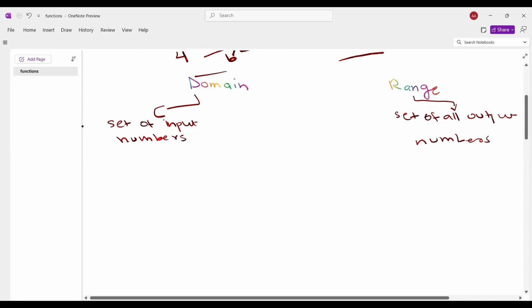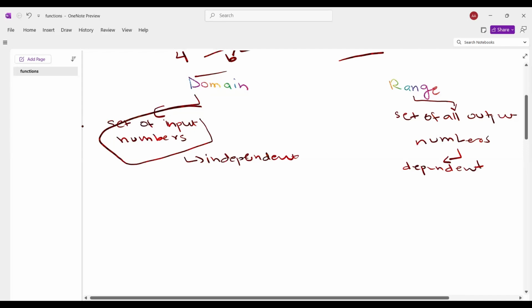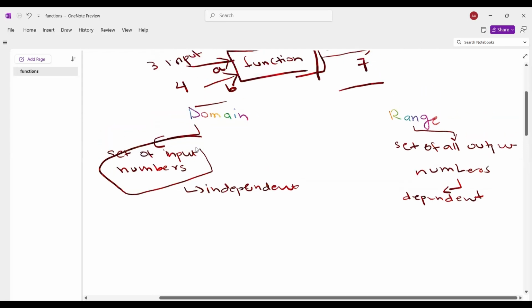Now the domain, which is the input, will always be independent, and it will not depend on anything, while the range will definitely be dependent on what input is provided to you. Let's see it in terms of the example given above.